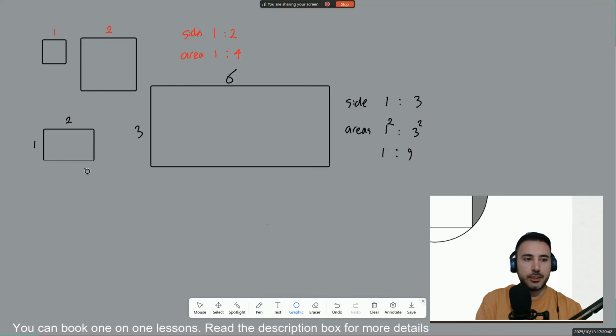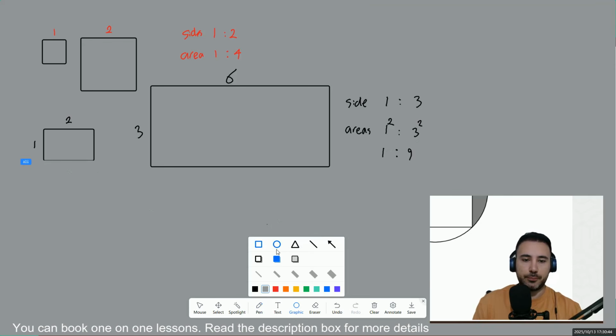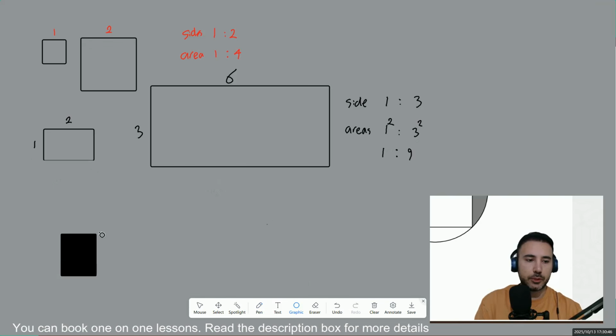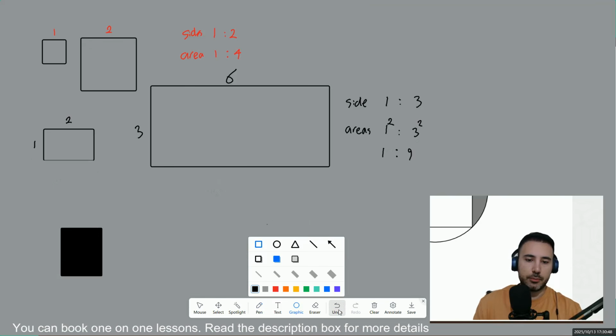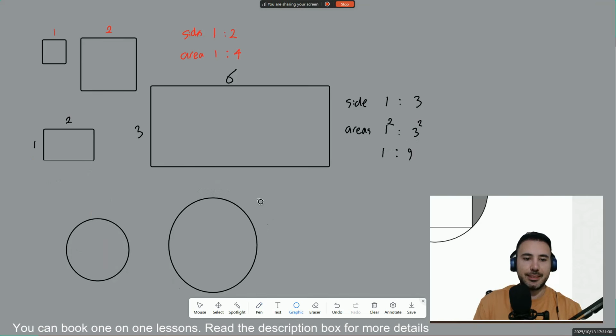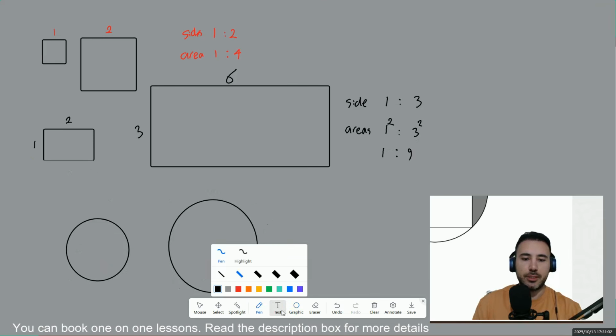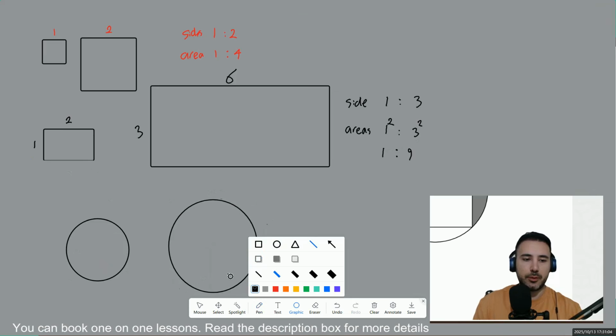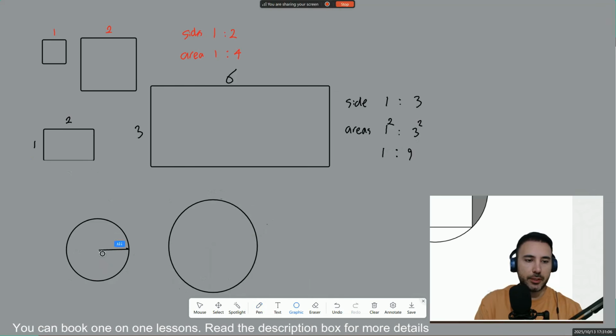So let's go with the circle now. So for example, let me draw a circle here. Let's see, for example, this radius is 2, and the radius of this one is 3. What is the ratio of the bigger area to the smaller area? So this is a 2.